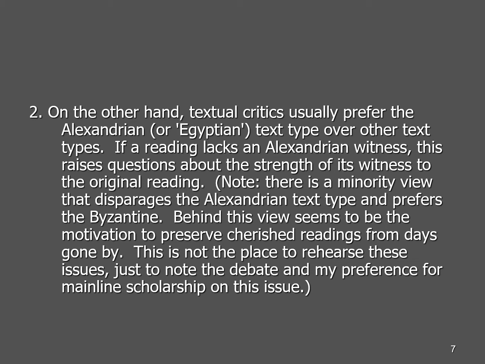If a reading lacks an Alexandrian witness, then this raises real questions about the strength of its witness to the original reading. Now, this point does rest on the idea that the Alexandrian or Egyptian text type is really one of the best kind of readings for texts.